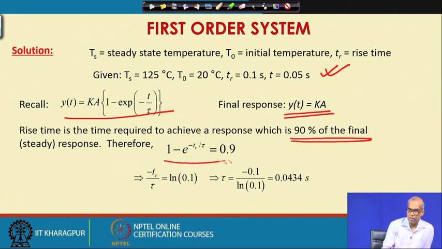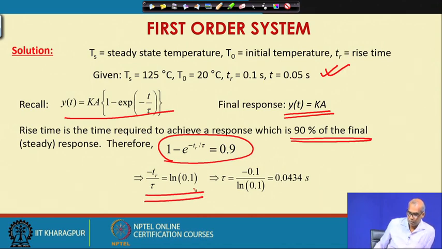So, I can write this, from where I write this, and then rearrange to get tau as this.